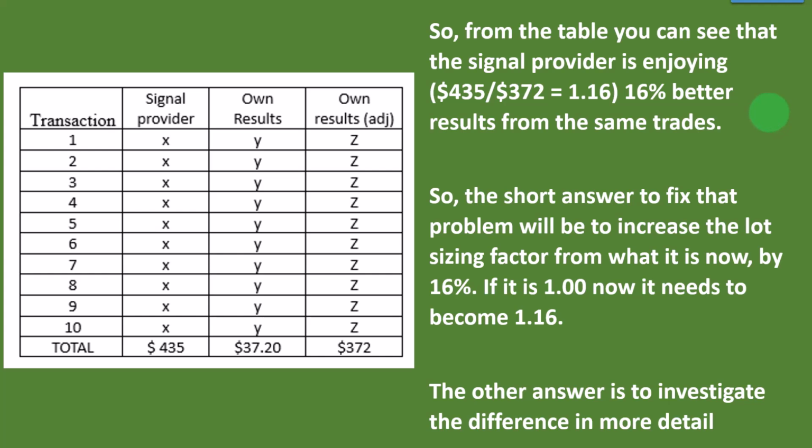The other answer is to investigate the difference in a little bit more detail. If this difference, the 16%, is too big for you, you need to look at what kind of spreads your broker is charging compared to the signal provider, and other areas where there might be timing differences, where there's a big delay between the signal provider sending the signal and you receiving it, and there's many reasons for that, and so on.